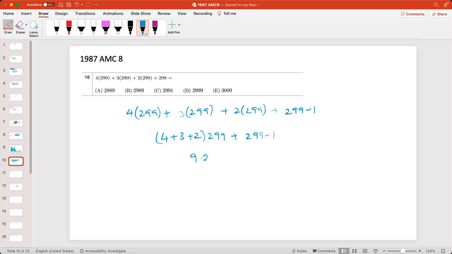So this is 9 into 299 plus 299 minus 1, which is nothing but 10 into 299 minus 1.